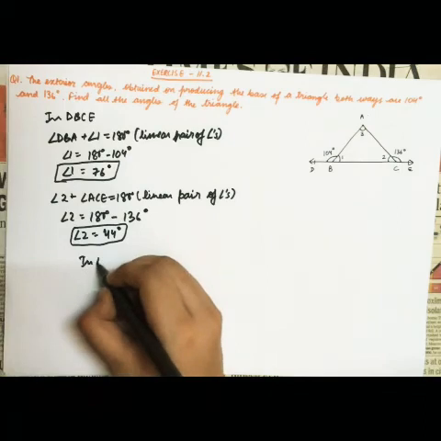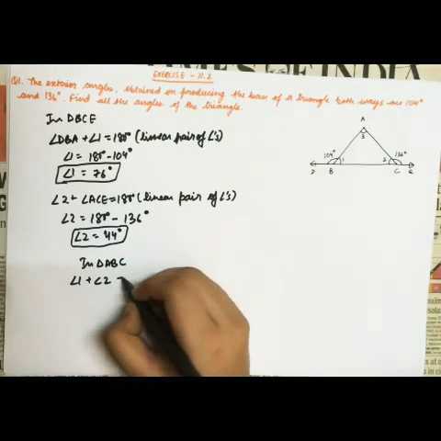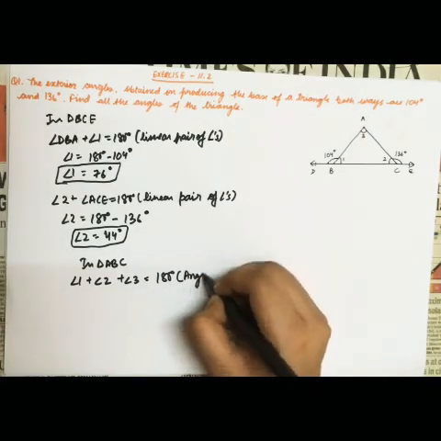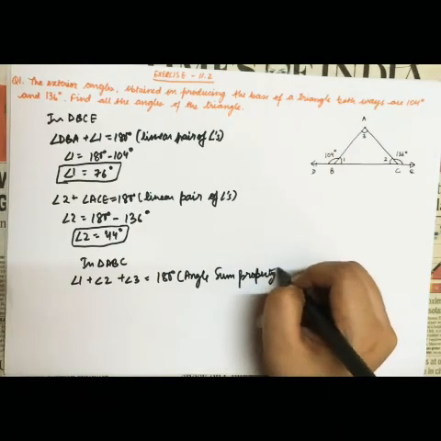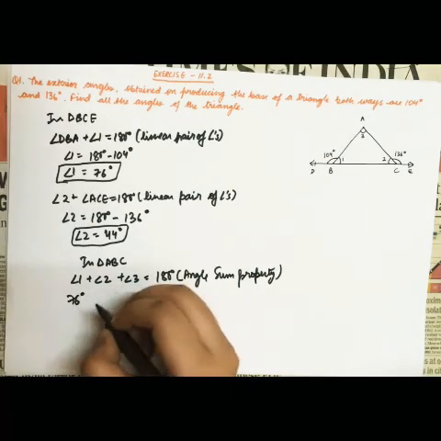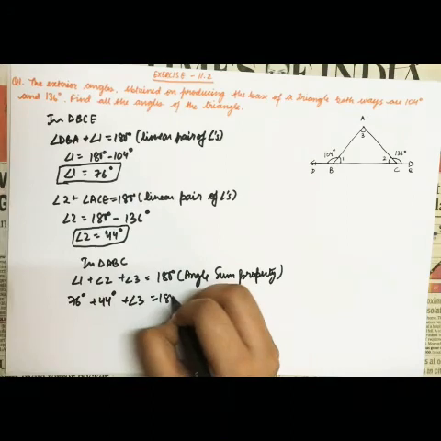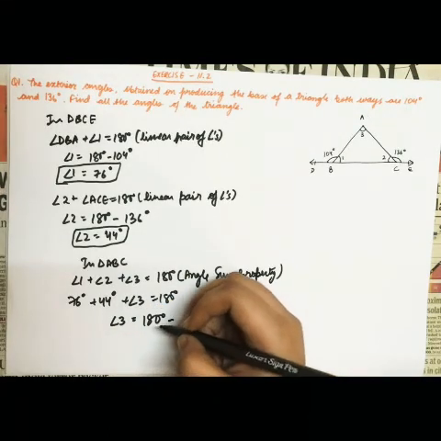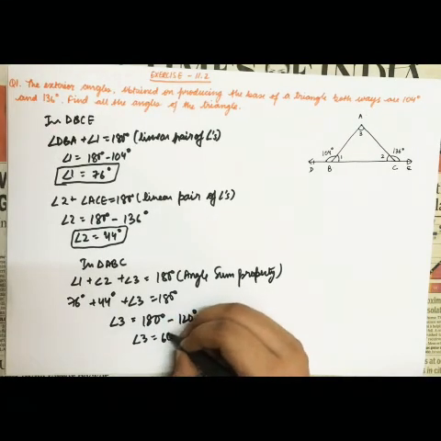Now in triangle ABC, you can see that angle 1 plus angle 2 plus angle 3 is equal to 180 degree because of angle sum property. Now angle 1 is 76 degree, angle 2 is 44 degree. Angle 3 is equal to 180 degree minus 120 degree. Angle 3 is equal to 60 degree.